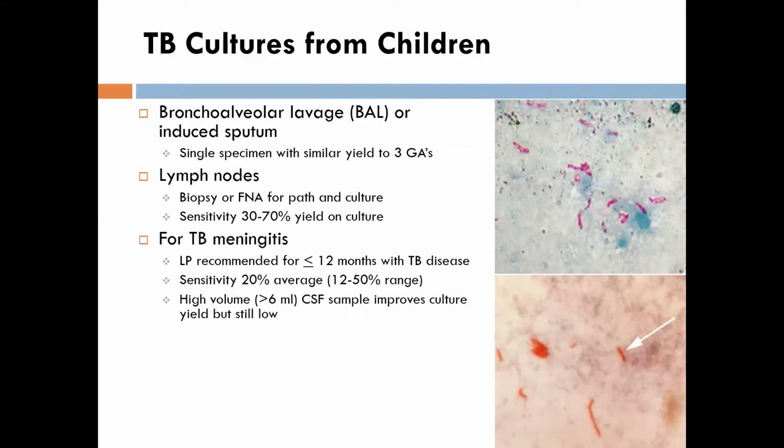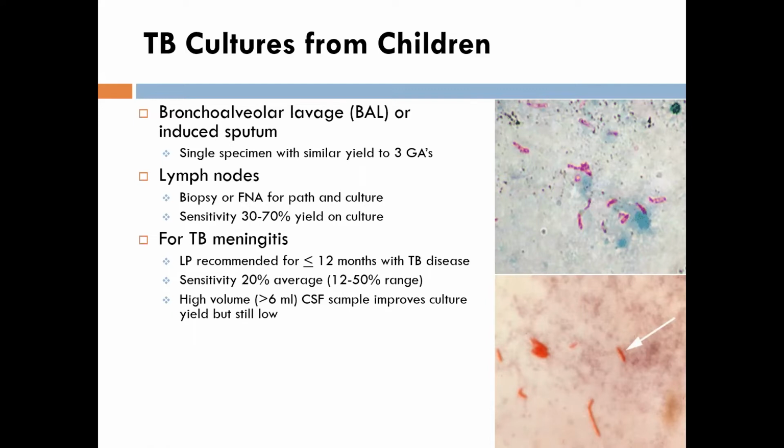For TB meningitis, most experts do recommend for children a year or less with TB disease that you rule out meningitis because the incidence is high in this age group. So an LP would be important. The sensitivity for culture from the CSF is really pretty low, around 20% on average. You will improve your sensitivity if you send extra spinal fluid.